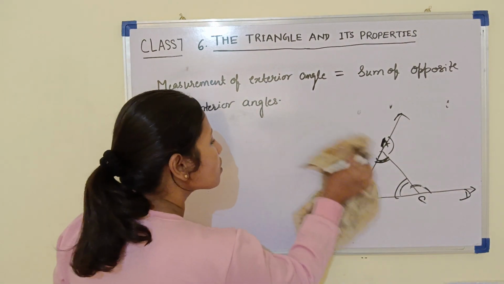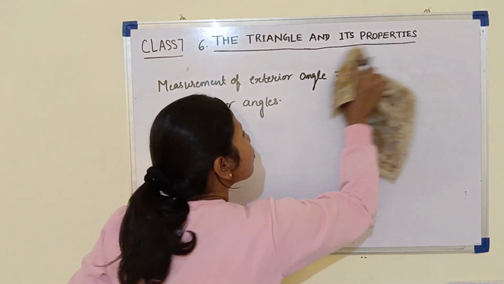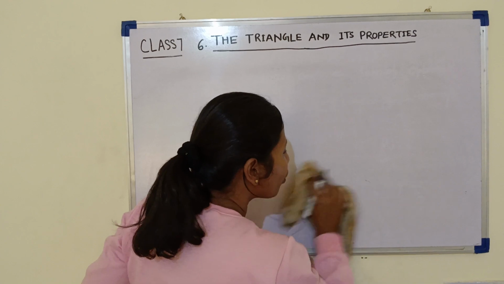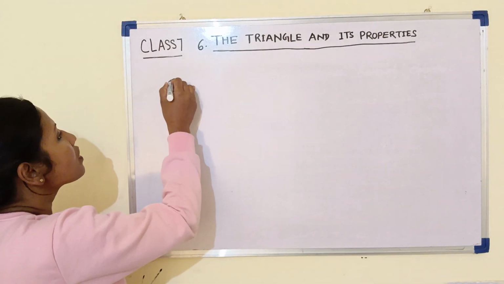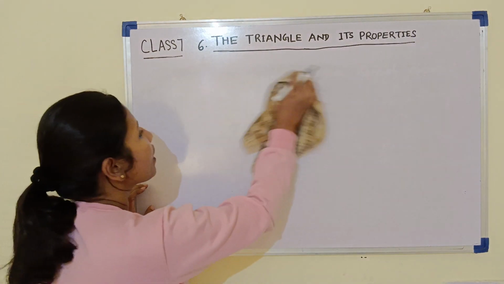So we learnt about the sum property, the exterior angle property, median, and altitude. Then we have one more property. What is that? Length. You can call it the size property.